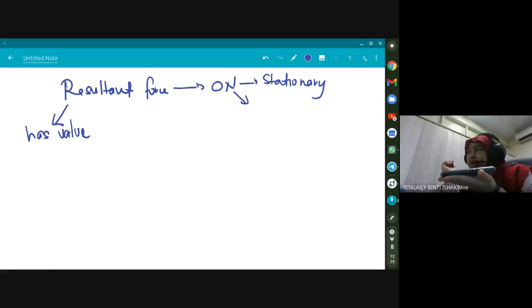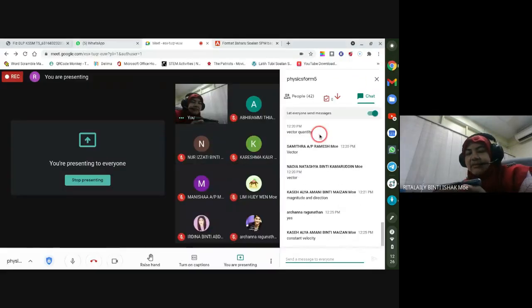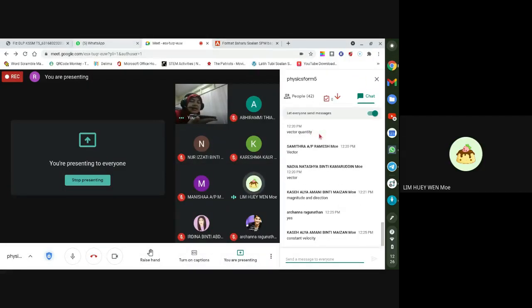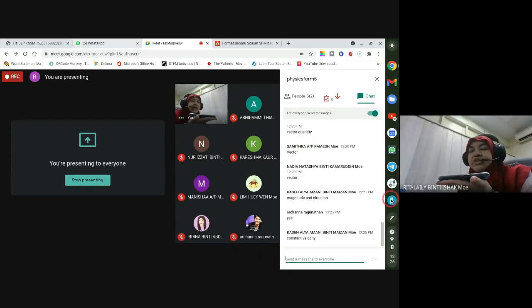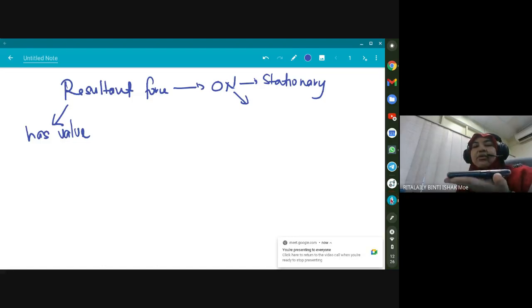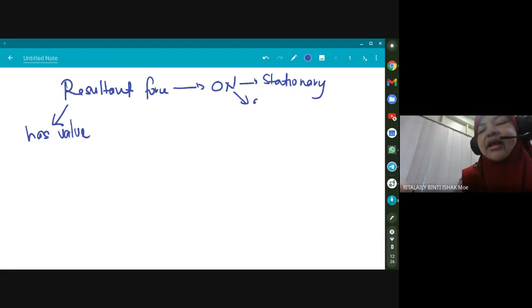Can an object with 0 resultant force move? Can anybody respond? Yes, with constant velocity. Okay, when an object is at 0 resultant force, it can still move, but the movement is at constant velocity.